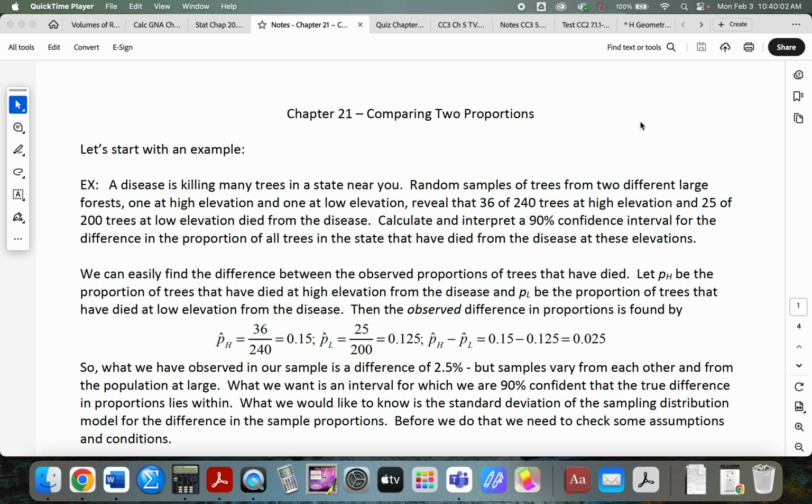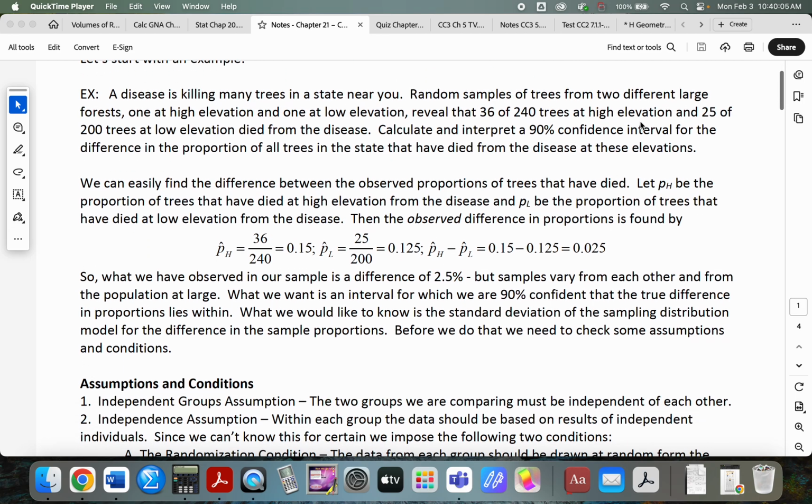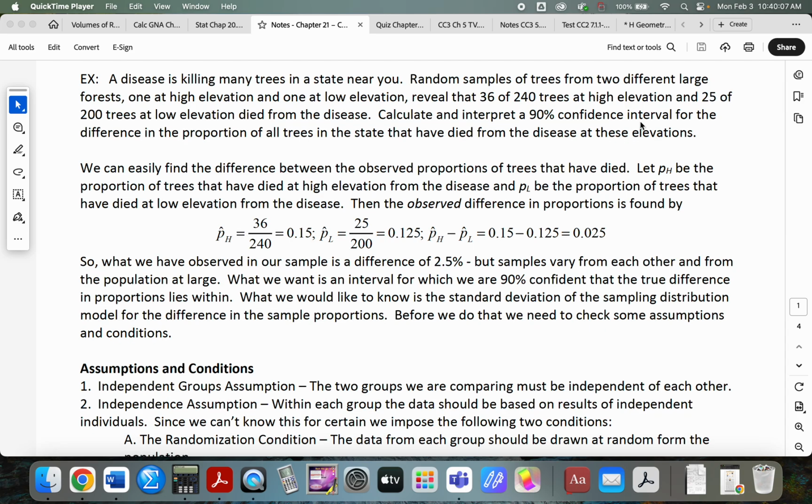Okay, so here's how we're going to start. Pretty easily we can find the difference between the observed proportions of the trees that have died. Let P sub H be the proportion of trees that have died at high elevation from the disease, and P sub L be the proportion of trees that have died at low elevation from the disease.